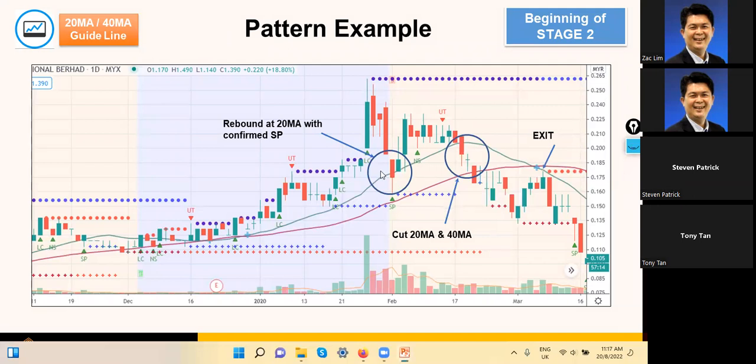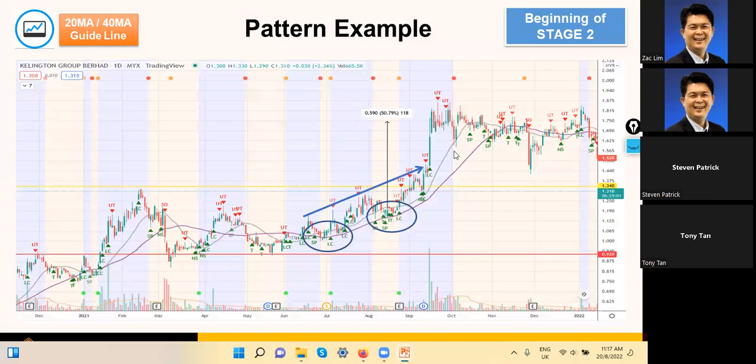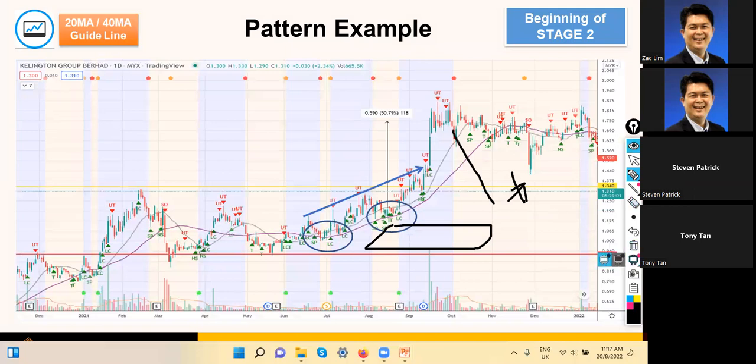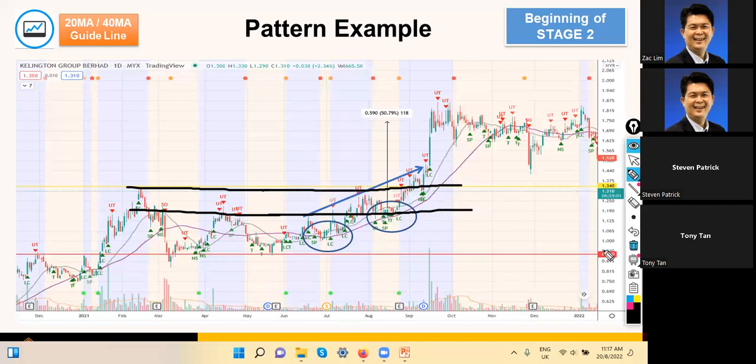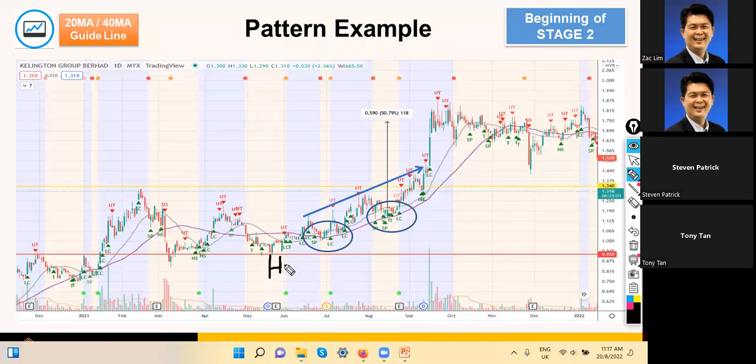So this is the continuation of the sample. Like this sample, you can see it creates a very big zone, a trading zone, from here down to this line. The important thing is you see a higher low, higher low, higher low.